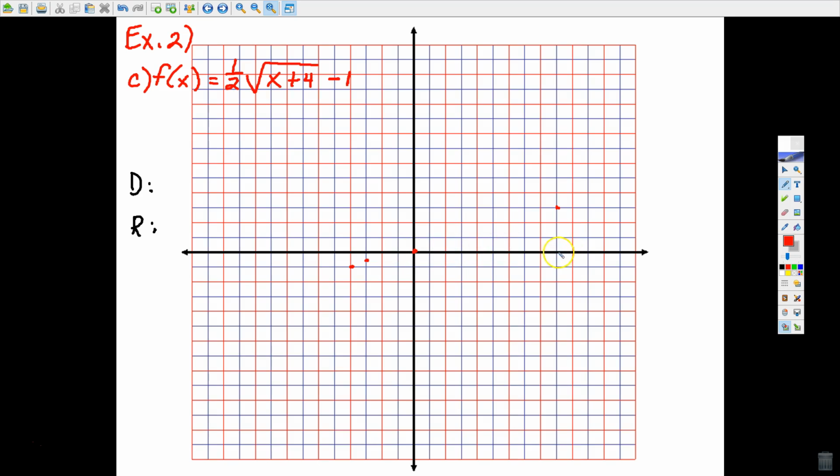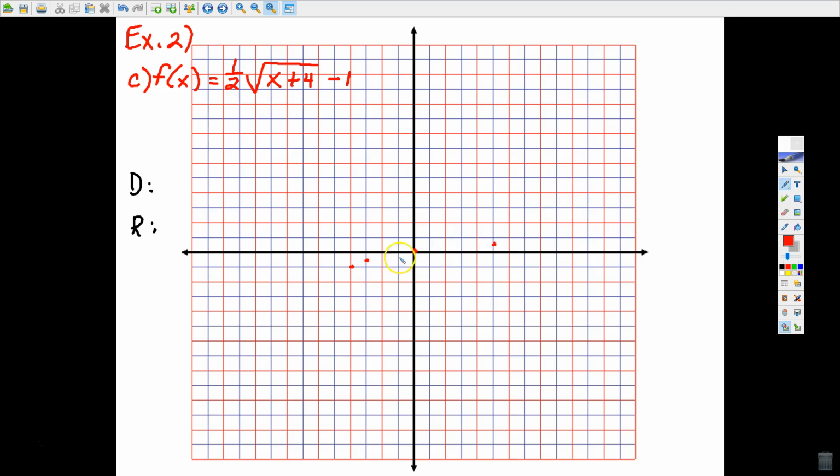And here I am at 9, 3, but when I multiply by half, that makes 9, 3/2, which is another way of saying 1 1/2. So here I am at 9, 1 1/2, and then I do the left 4, down 1 shift, and you can kind of see how the multiplication by half results in compression.